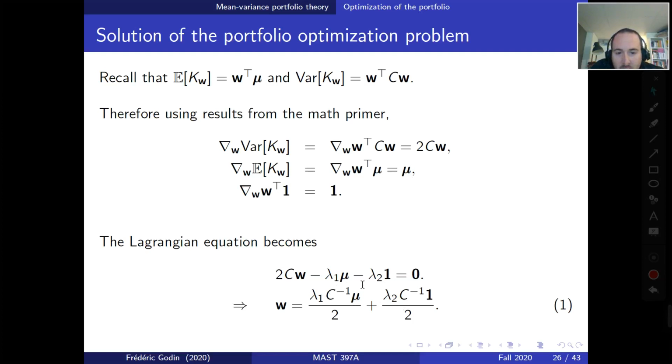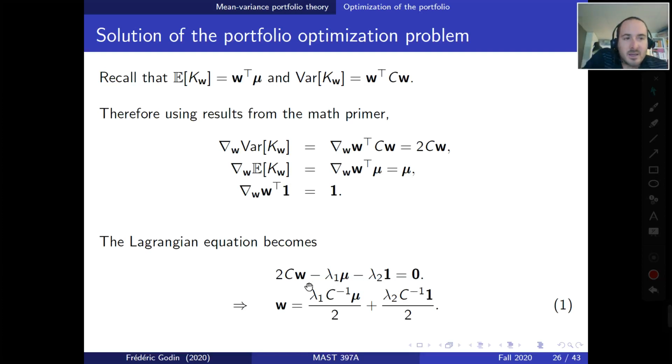So how do we do that? Well, all the terms which don't depend on W, we can throw them on the other side of the equality, divide by 2 on both sides, and then once we have CW equal to something, we can multiply to the left by the inverse of C. So once we multiply by the inverse of C on both sides, to the left, it becomes W is equal to lambda 1 over 2 times the inverse of C times the vector mu, plus lambda 2 over 2 times the inverse of C times 1.